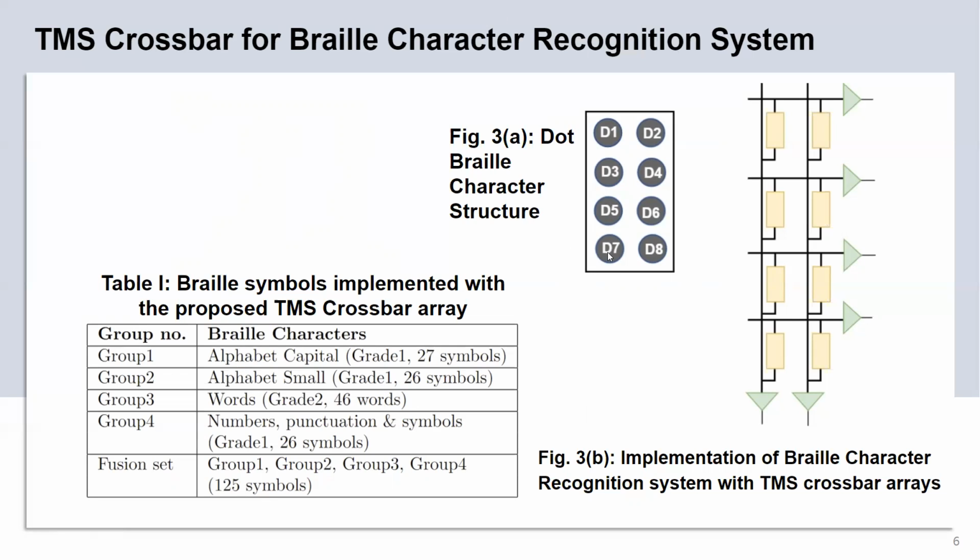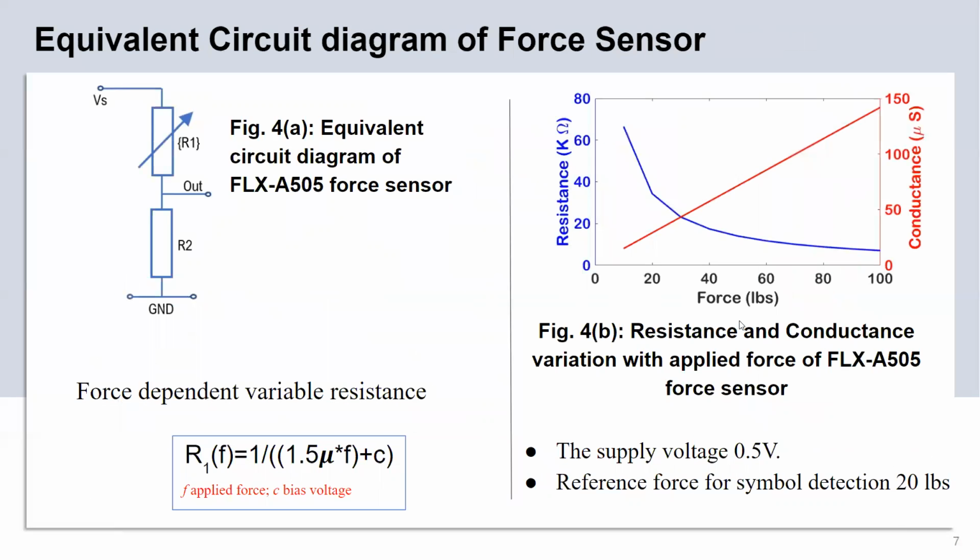Here the dots D7 and D8 identify the group number, and the corresponding implementation with the TMS crossbar array is shown in figure 3B. So here each block represents one cell in the Braille system.